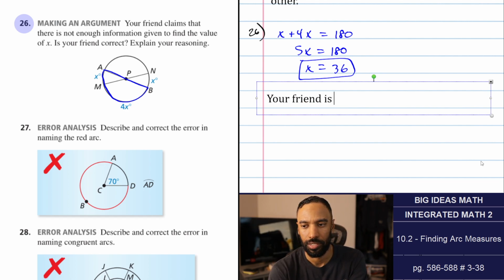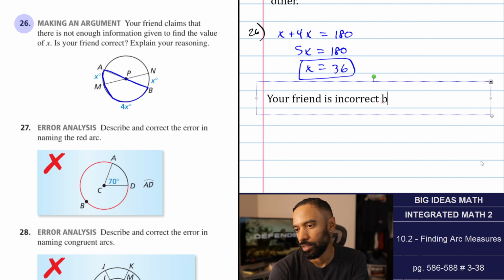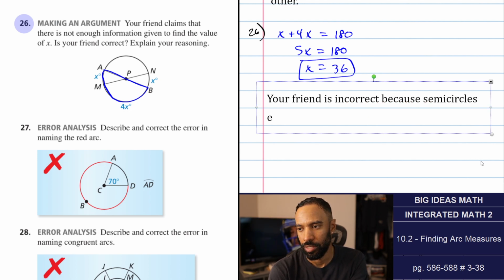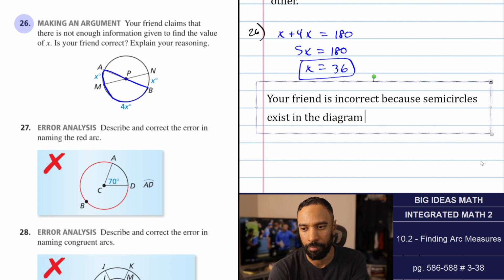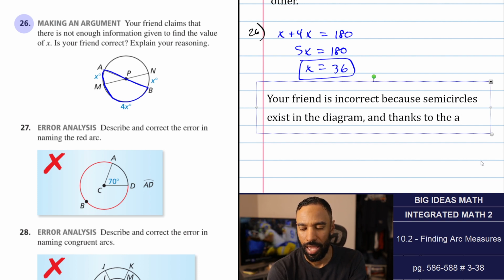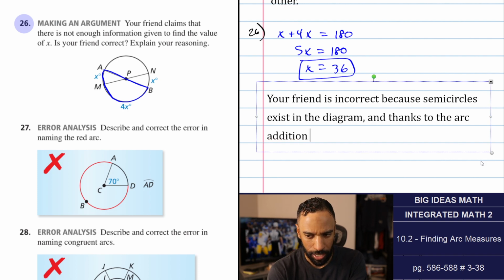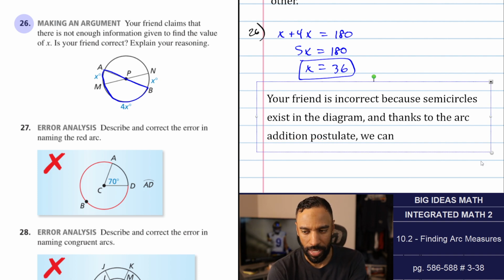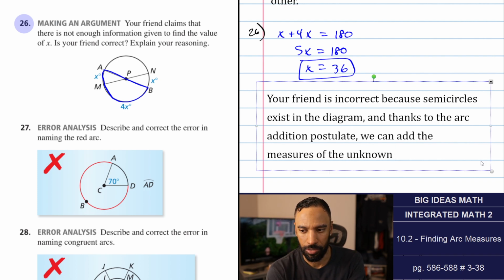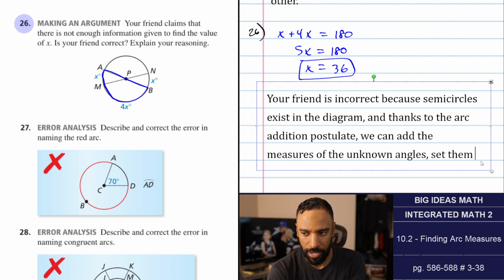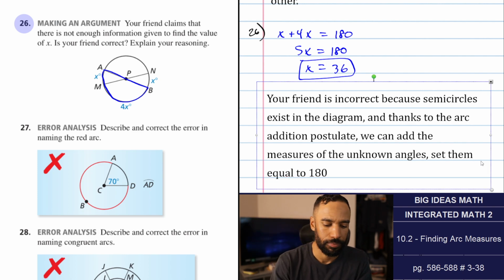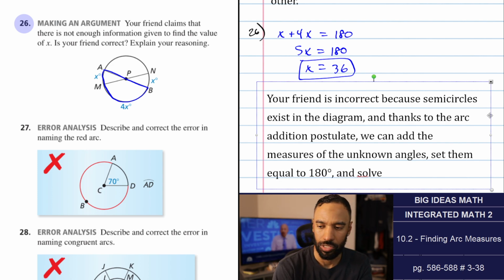Your friend is incorrect because semicircles exist in the diagram, and thanks to the arc addition postulate, I believe it's called, we can add the measures of the unknown arcs, set them equal to 180 degrees, and solve.